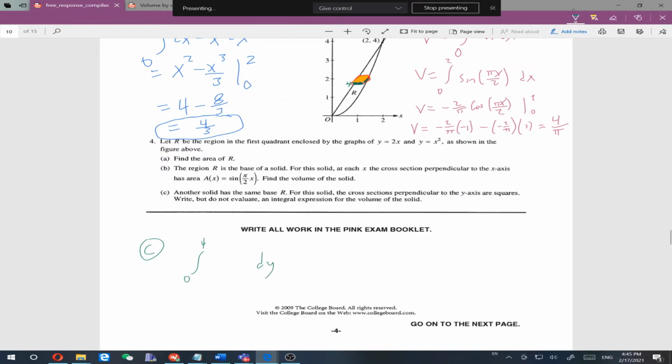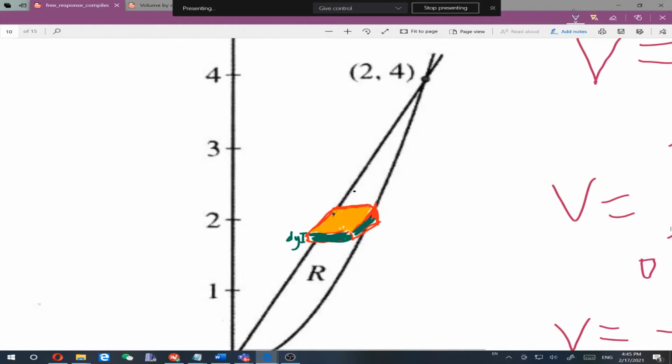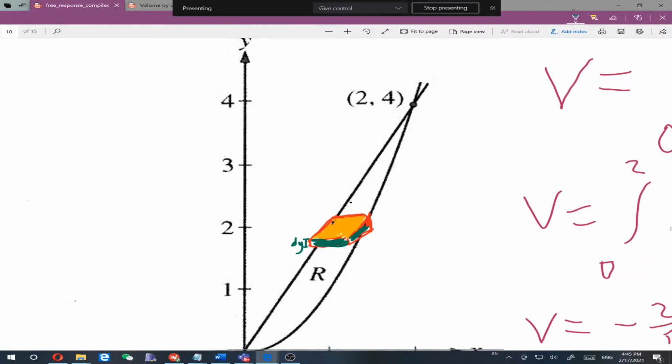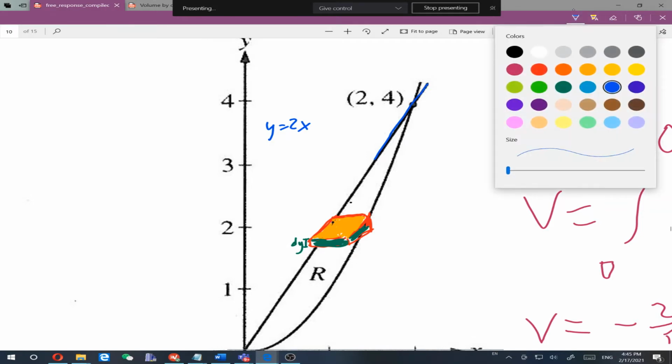Okay, then I need an equation for the area inside. I said cross-sections perpendicular to the y-axis are squares. And we've got two functions here: y equals 2x for this first one here in blue, and then y equals x squared for the second one in green.